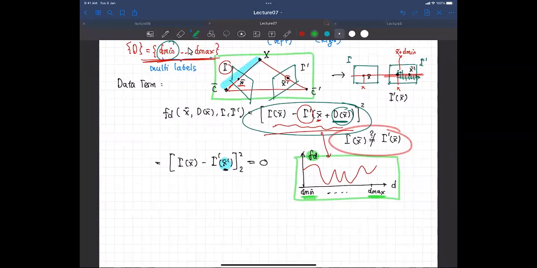Again, the task here is to find the whole curve here. This is the data term.